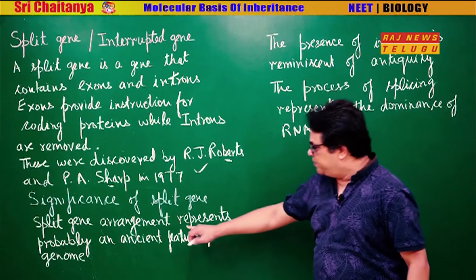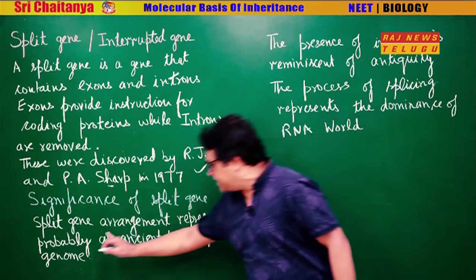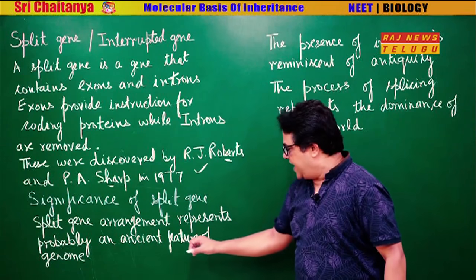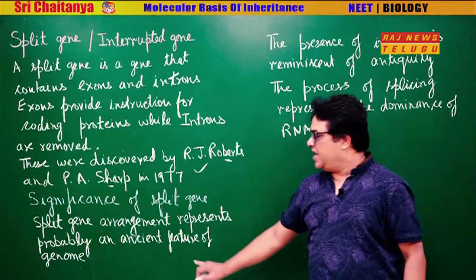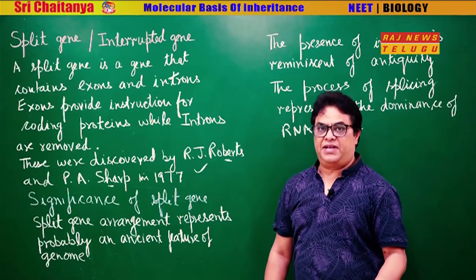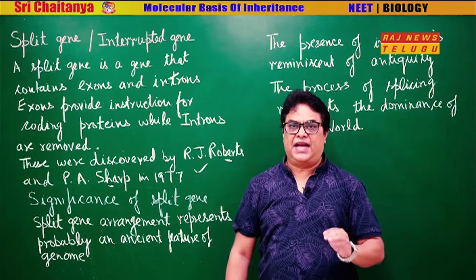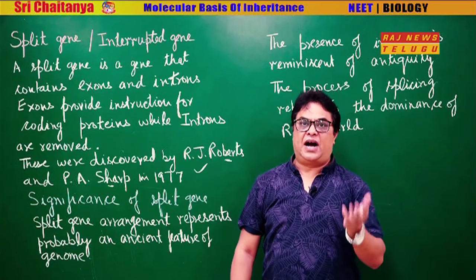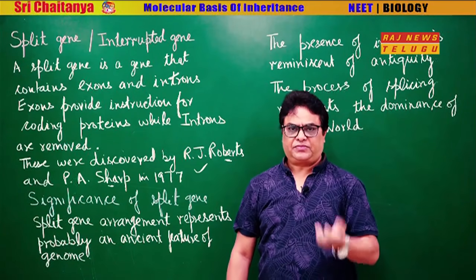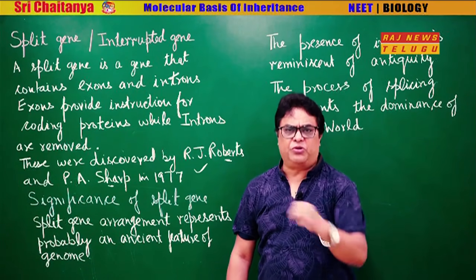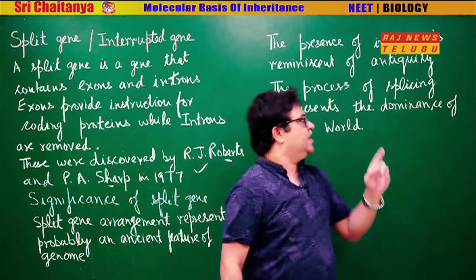Now let us see what is the significance of a split gene arrangement. Split gene arrangement probably represents an ancient feature of the genome. Why are we saying that? Because you remember that in olden times there was the RNA world, and RNA was the main molecule around which everything evolved.